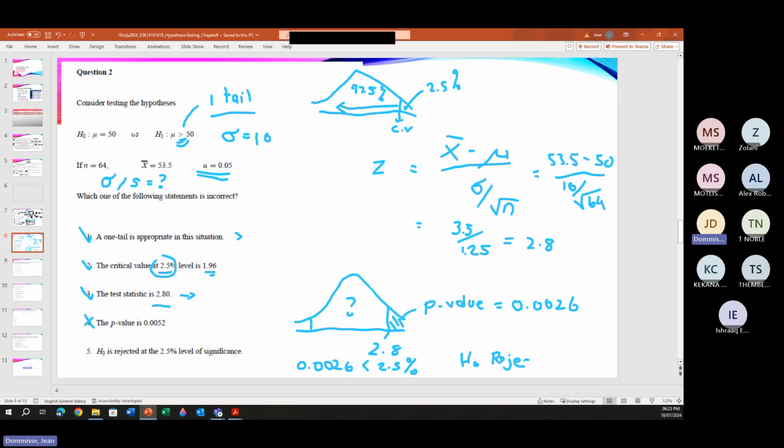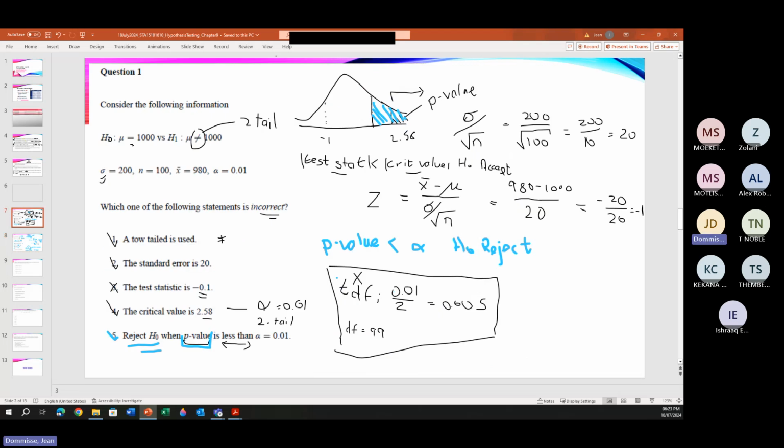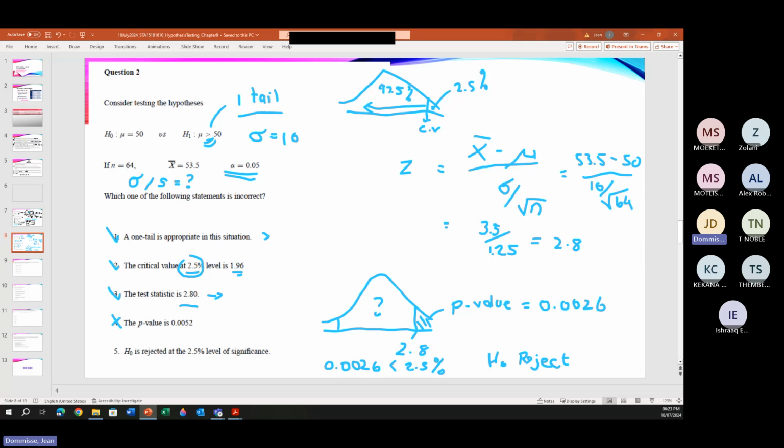Okay, so because the p-value is smaller than the alpha, we will reject the null hypothesis.